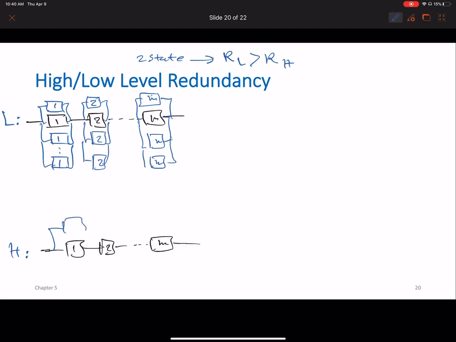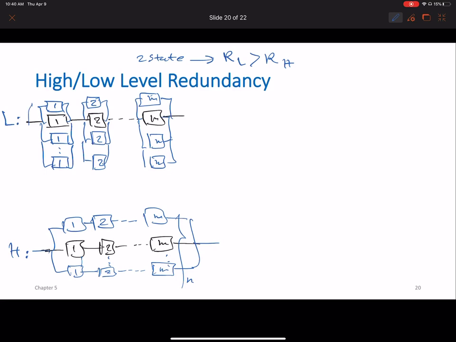So I'm going to have another one of these in parallel with the original, 1, 2, up to M, and we have N of these here, and we have N of these here. Okay, but the question is, how do we calculate the reliability of the system in these two low-level and high-level redundancy structures?